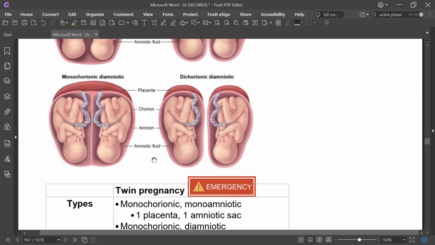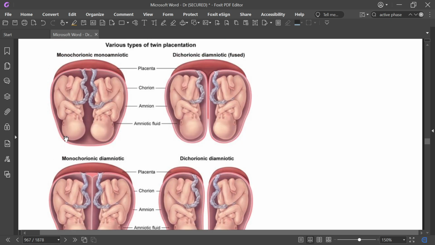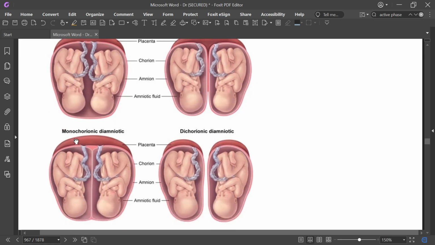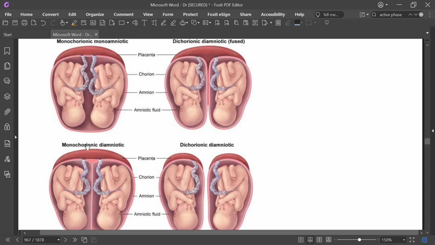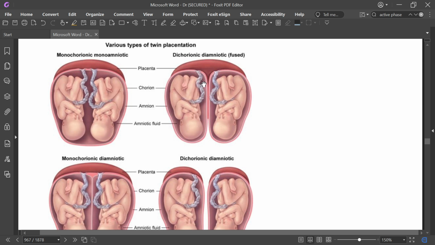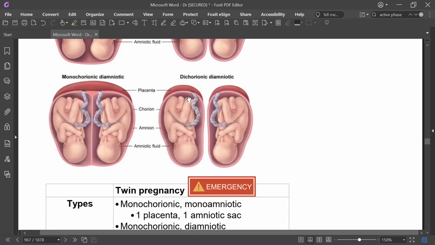Monochorionic, diamniotic means one placenta but two amniotic sacs.